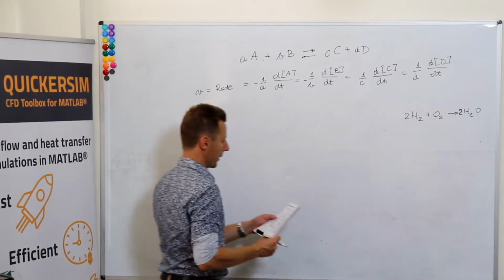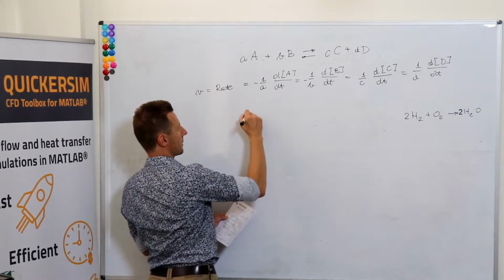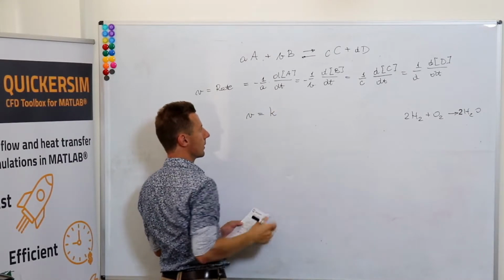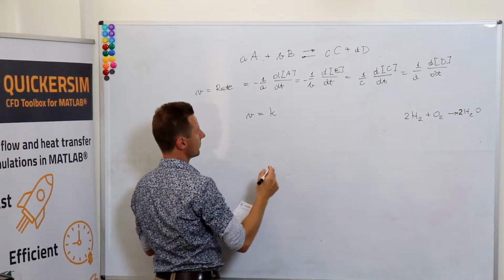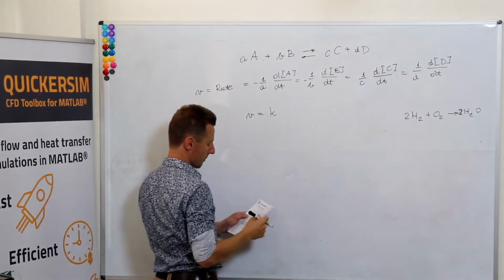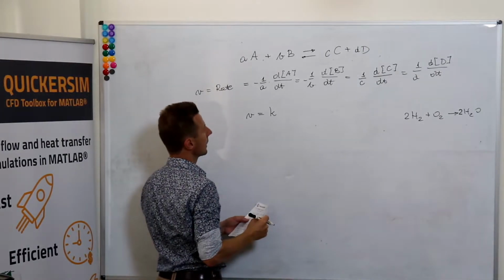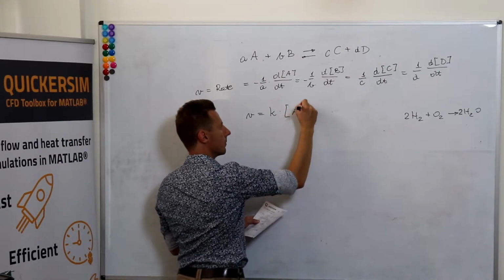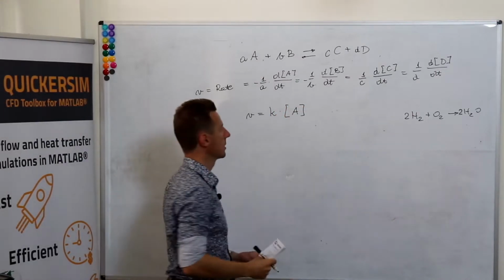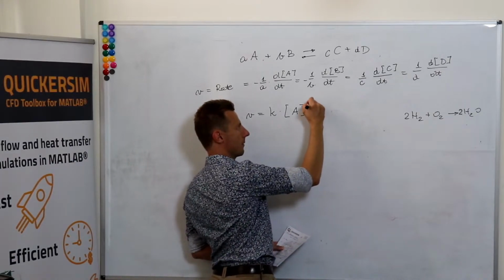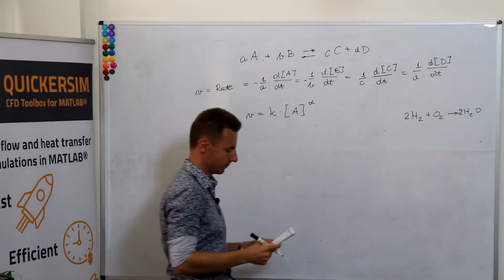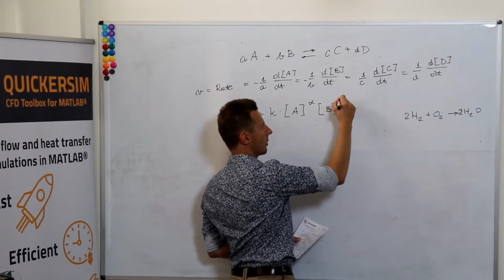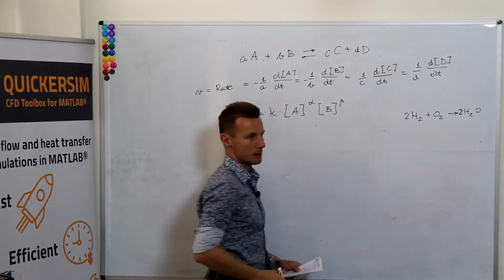And the equation that is used in chemistry to calculate that: you've got some coefficient K times the number of moles of component A to the power of alpha times the number of moles of the component B to the power of beta.